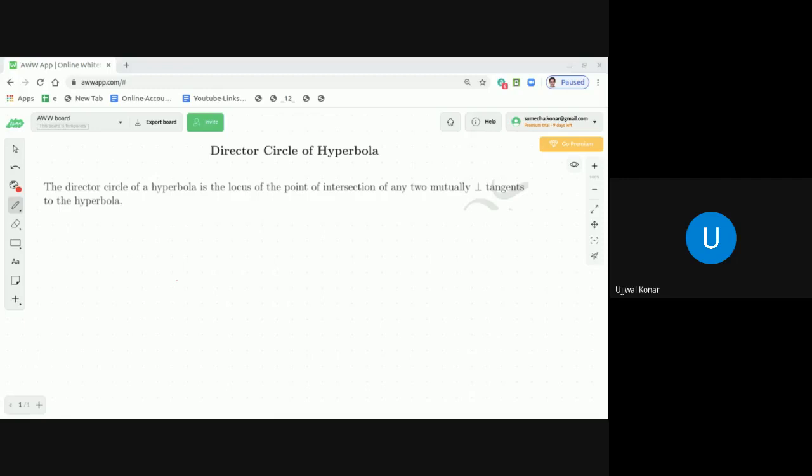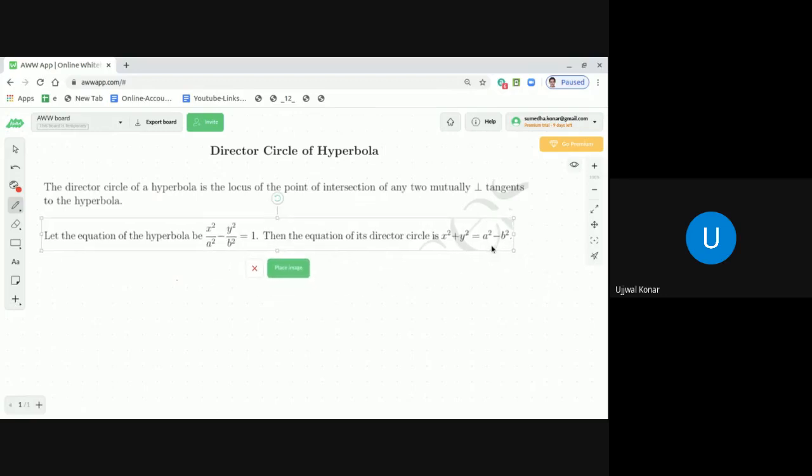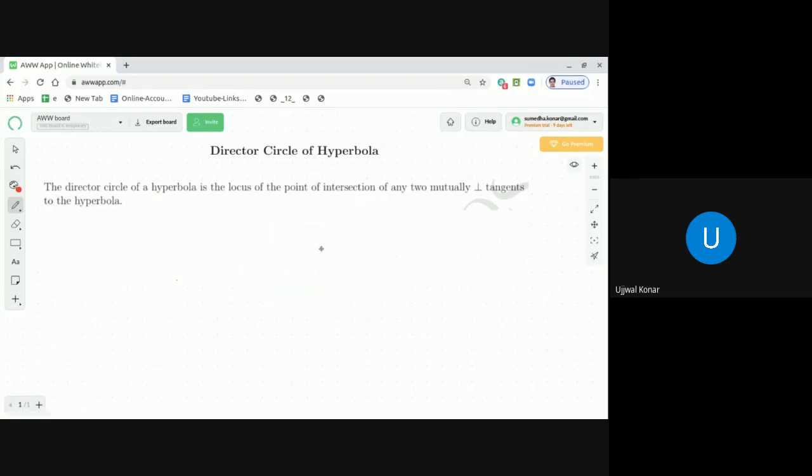Now there are some relevant points with respect to the director circle, but before that we should know the equation of the director circle of the standard hyperbola x square by a square minus y square by b square equal to 1. Suppose we have that hyperbola. Then the equation of the director circle is x square plus y square equal to a square minus b square.